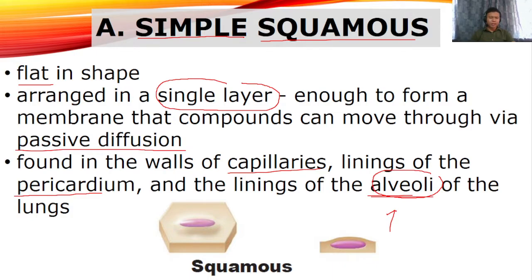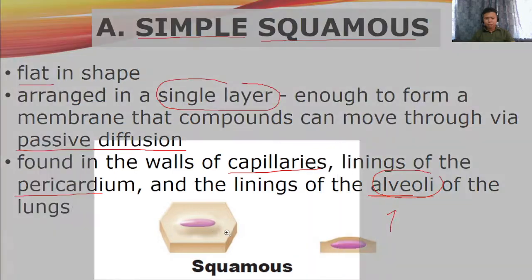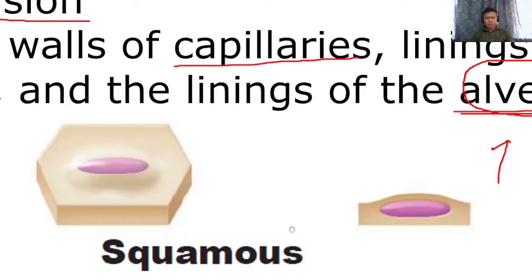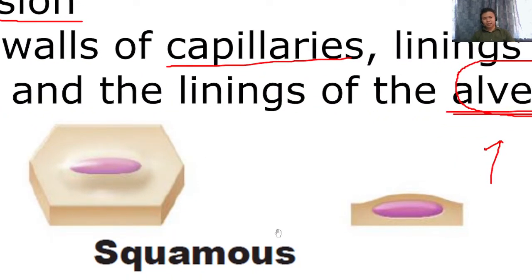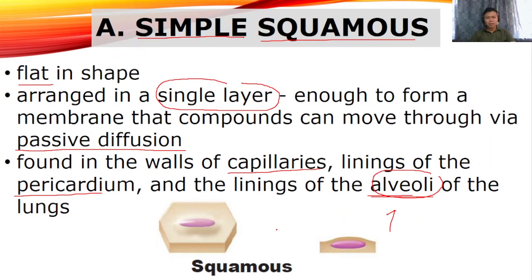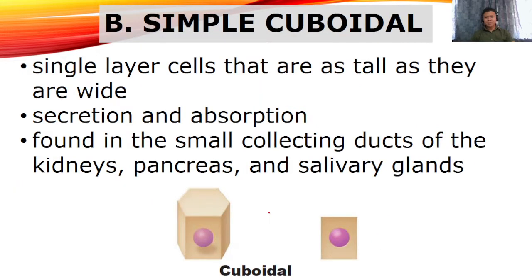Simple squamous looks like this one, having a very thin structure, capable of exchanging materials through passive diffusion. Moving forward, we have the simple cuboidal epithelium.